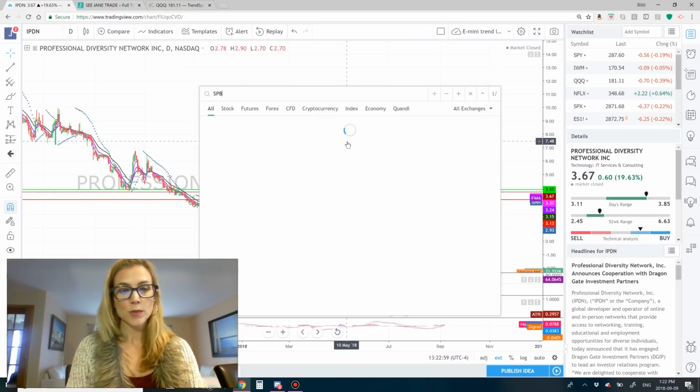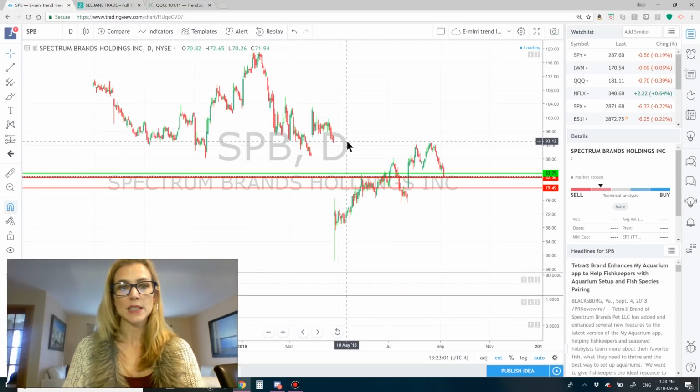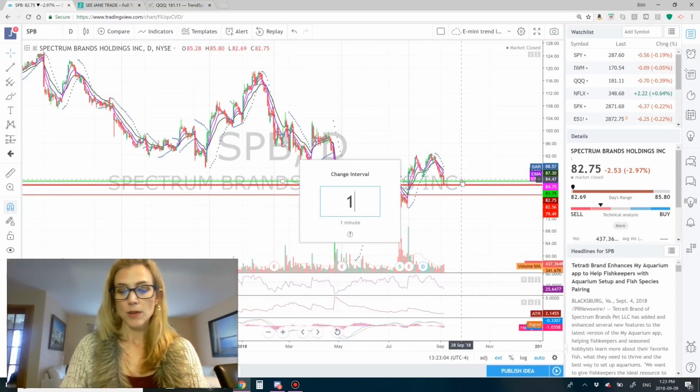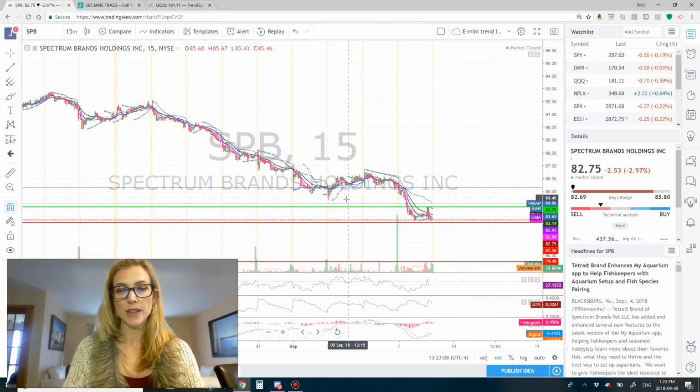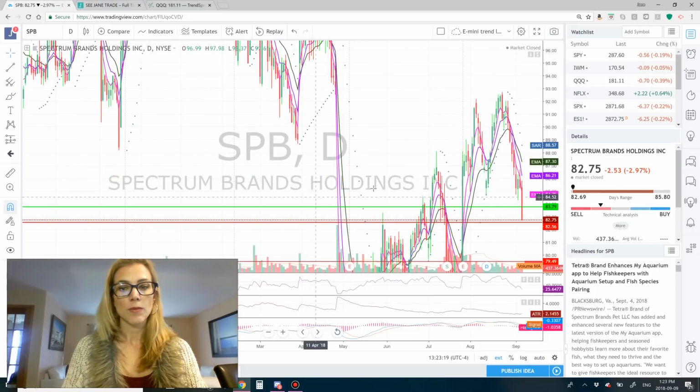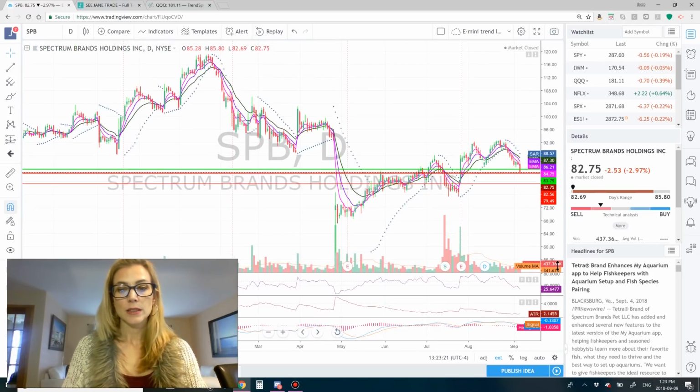On the shorts, the first one on the short side, SPB, Spectrum Brands. So here, we'll bracket out to our 15 minutes. Again, broke down through the support here on Friday and continued on down. I would look for a support level of 82.56, resistance of 83.79. And on the year, again, we are not at the low of the year.